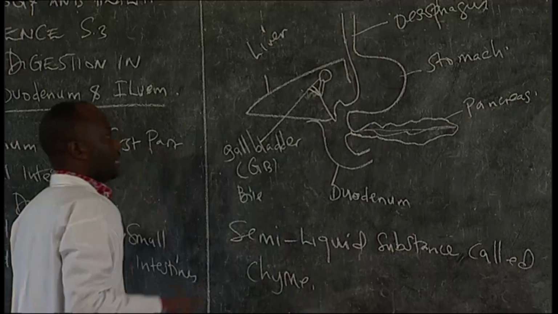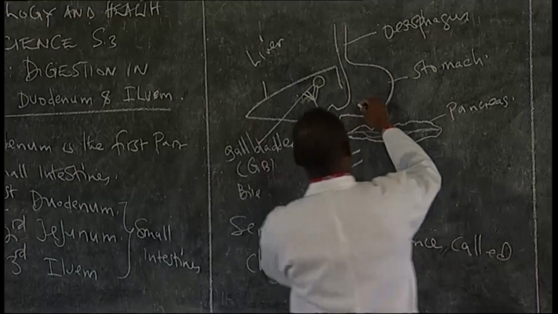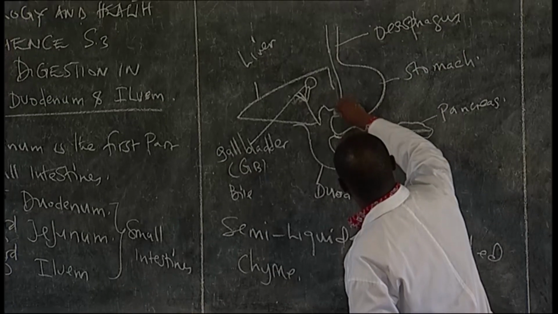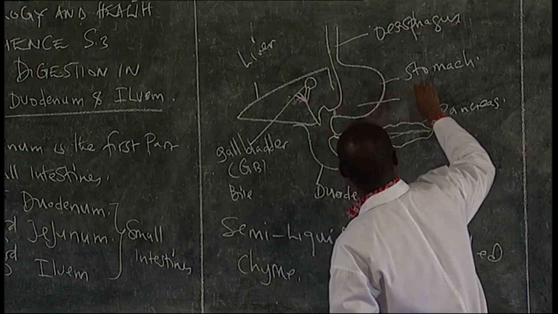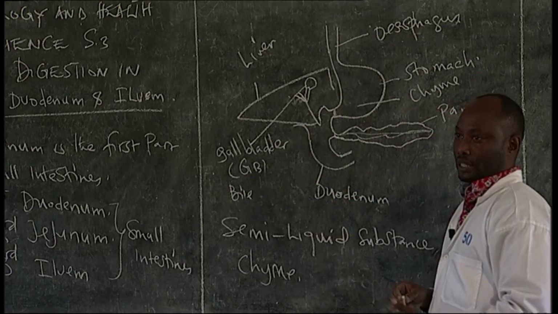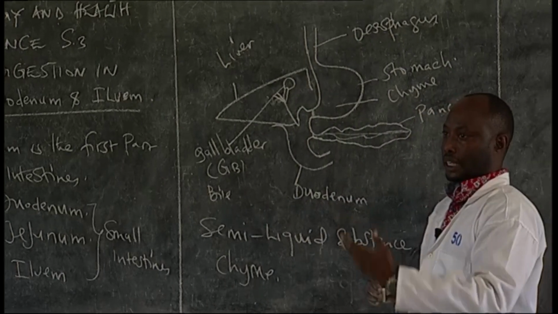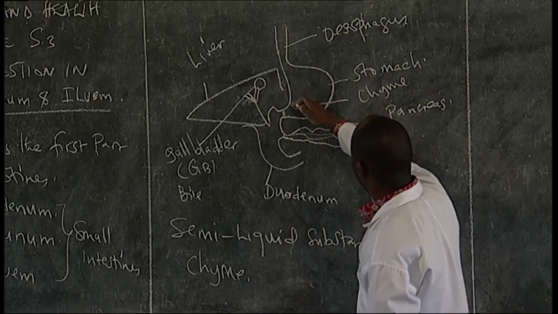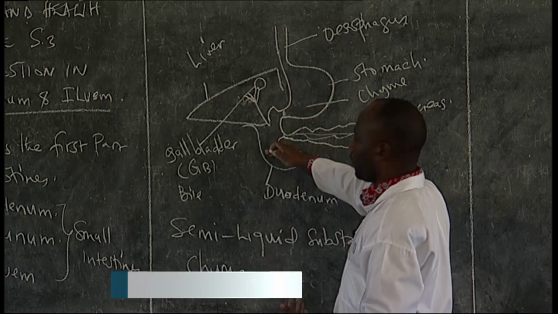After food is broken down, it is raised into the duodenum. What is found in the stomach is called chyme. The chyme is a liquid substance, greenish in color, and that liquefied substance is raised into the duodenum for further breakdown.